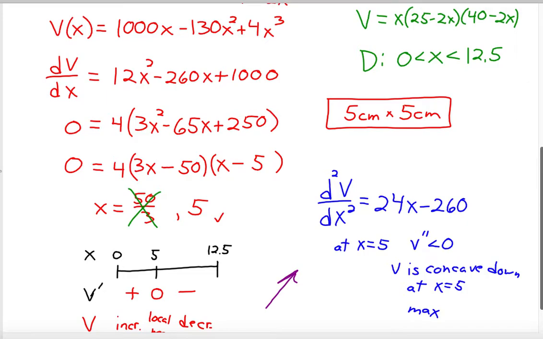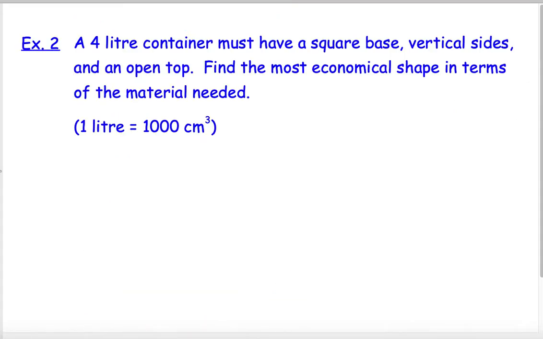In the notes, I'm going to skip the next example. Let's go to this example. A 4-liter container must have a square base and vertical sides. So step 1, let's draw this picture. See how well I can do this.